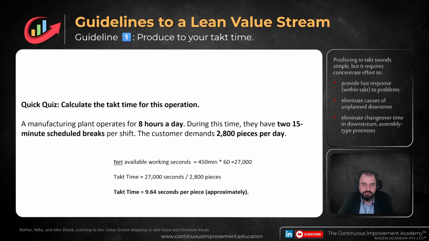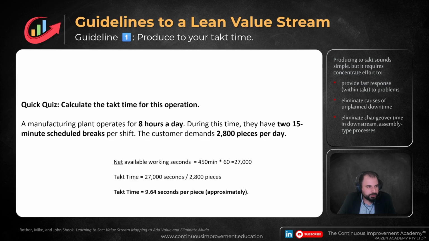So this will be 450 minutes multiplied by 60 to convert that into seconds. So we have 27,000 seconds per shift. The takt time will be calculated by dividing the 27,000 seconds over the 2,800 pieces. So the takt time in this case will be 9.64 almost, or 10 seconds. Okay, so this is the correct answer.